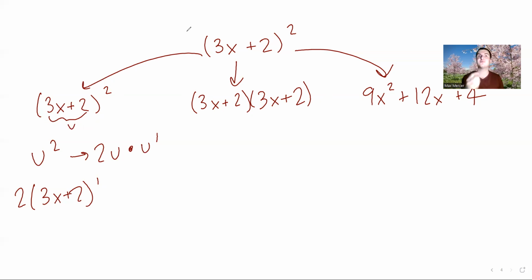But because of the chain rule, we also multiply it by the derivative of that u, that inside thing. So the derivative of 3x plus 2 is 3. We don't need to write this 1 power, but then we know that we should end up with 6x plus 4 times 3. We'll distribute that 3 in as well to get a total of 18x plus 12.